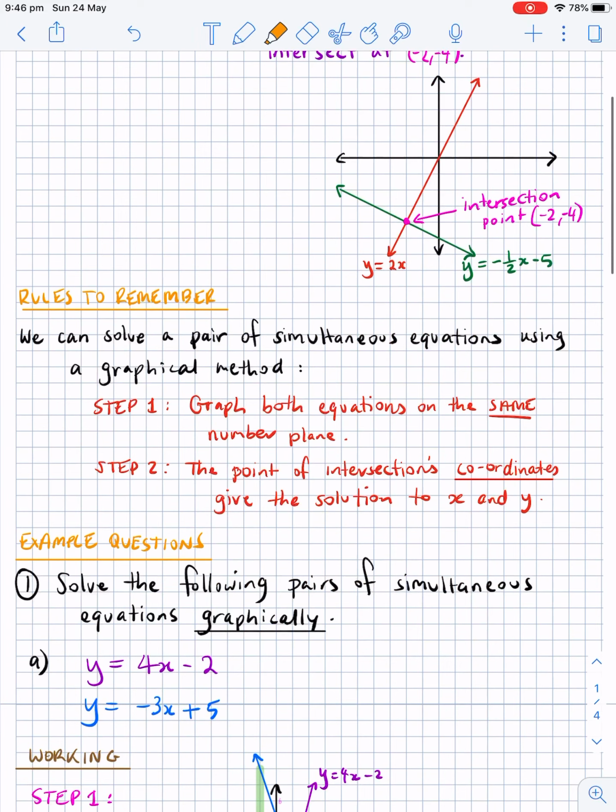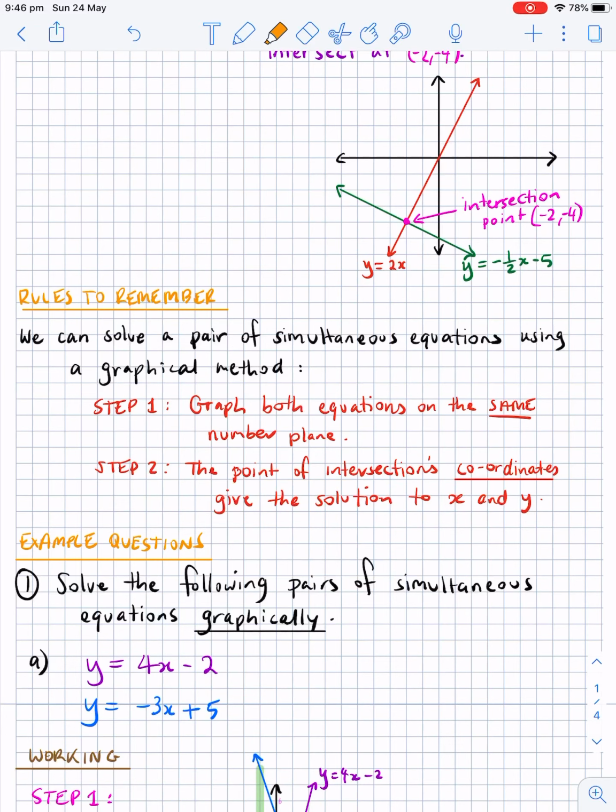Some rules to remember: we can solve a pair of simultaneous equations using a graphical method. Step one is to graph both equations on the same number plane. Step two, the coordinates of the point of intersection give the solution for x and y.